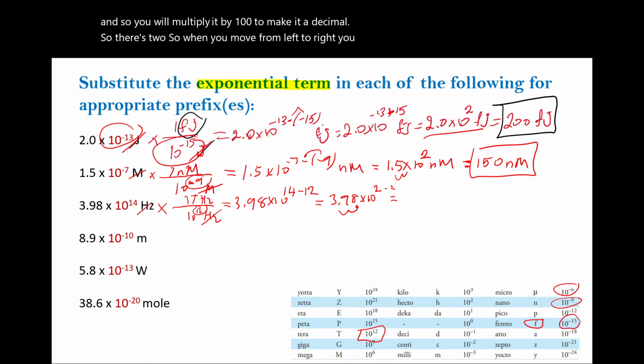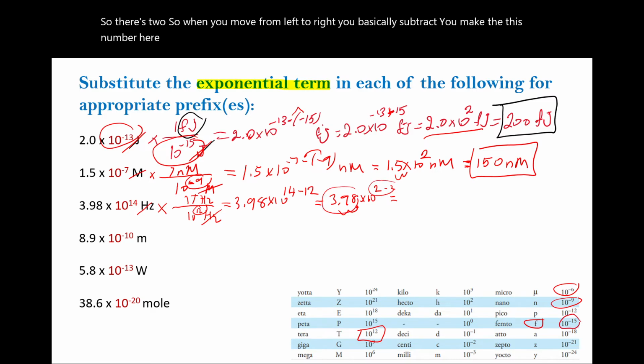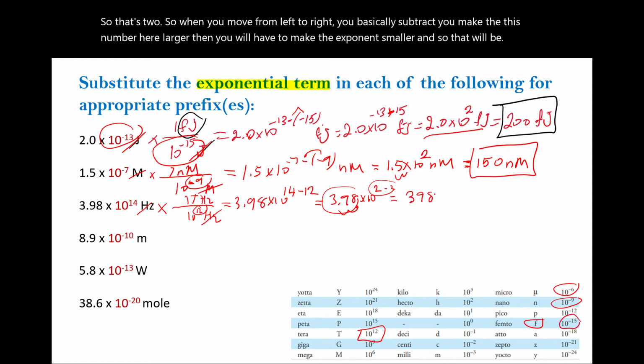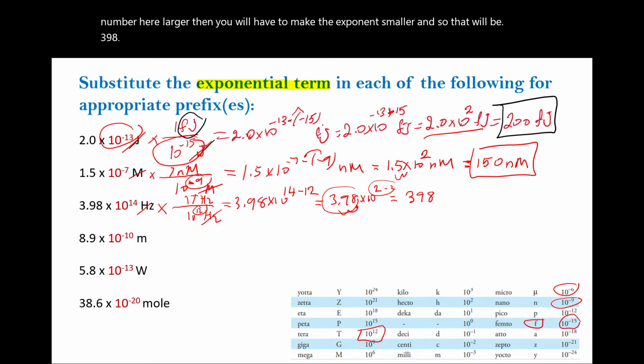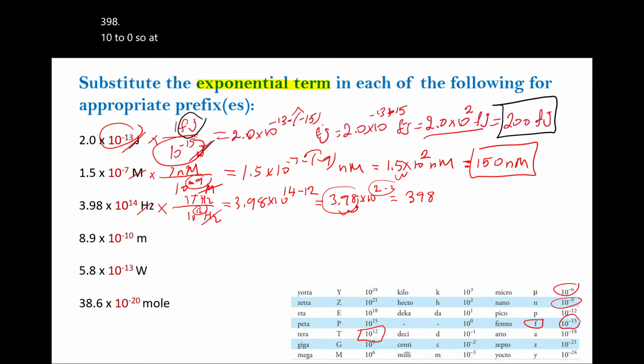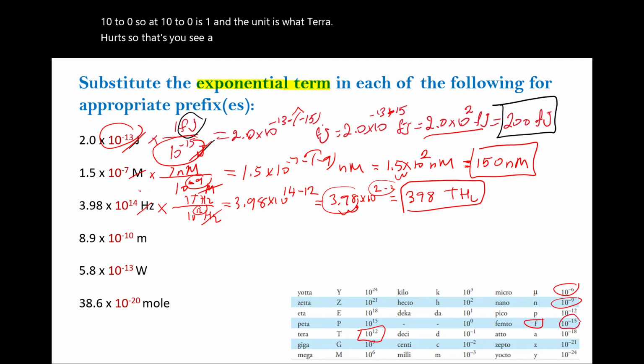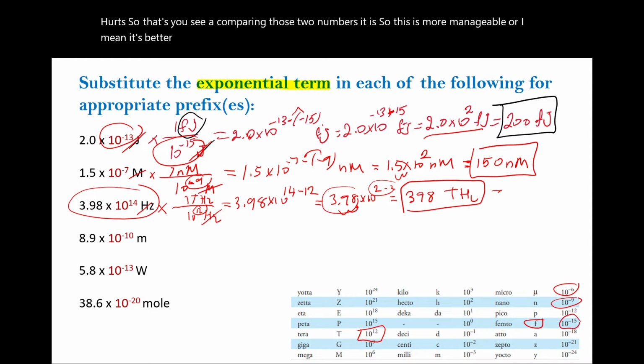You make this number larger, then you will have to make the exponent smaller, and so that will be 398 times 10 to 0. So 10 to 0 is 1, and the unit is terahertz. So comparing those two numbers, this is more manageable, a better number to have.